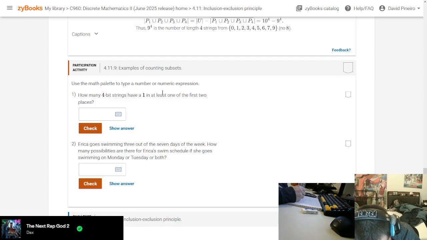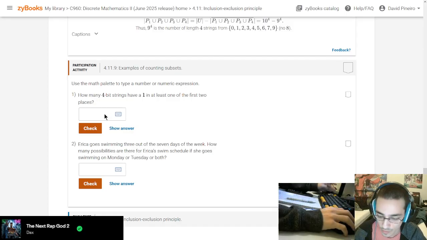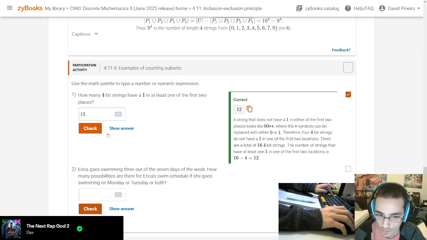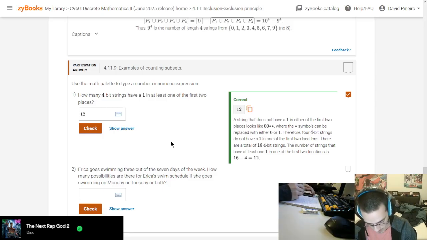And then 2 to the second for the intersection. So I do 2 to the third times 2, and then minus the intersection, is 12. Right, okay.